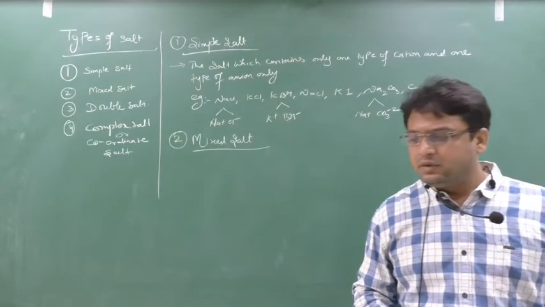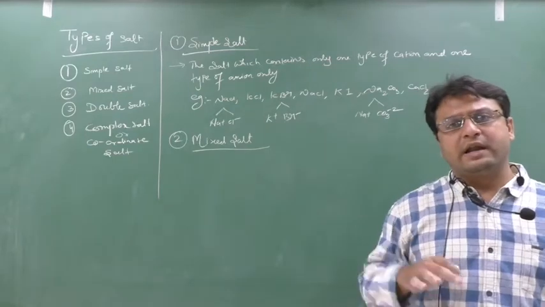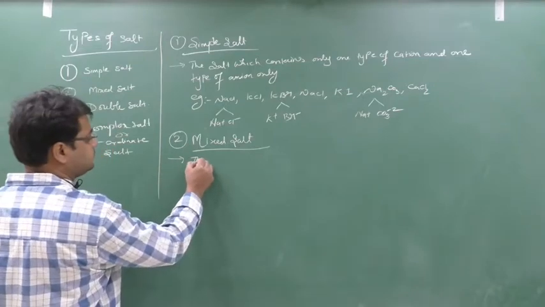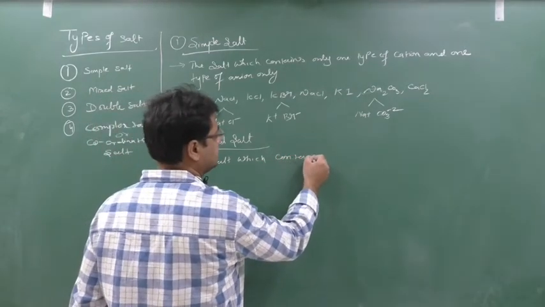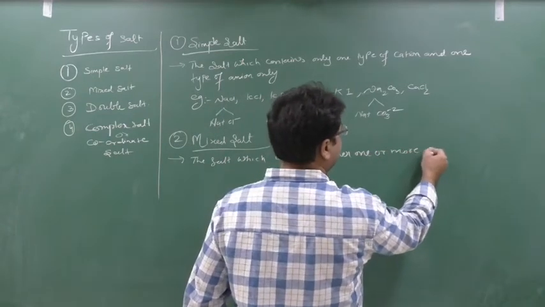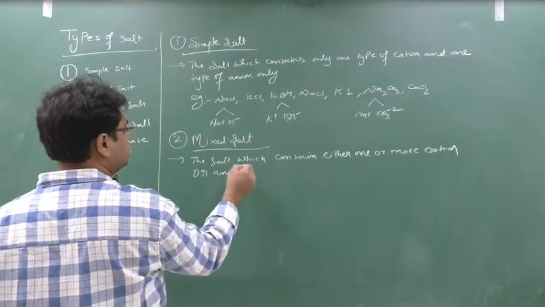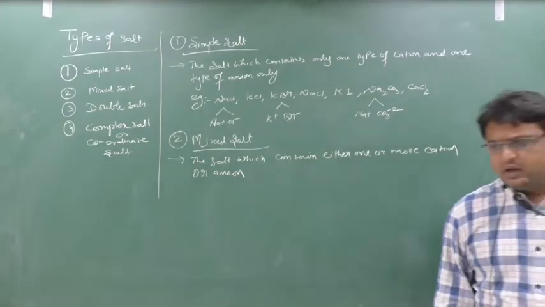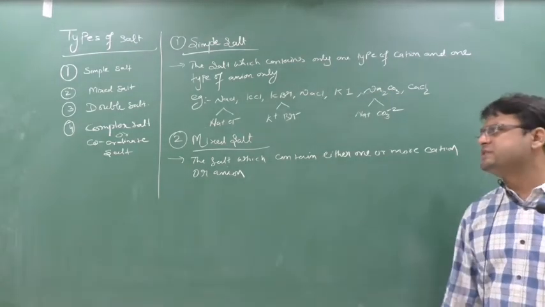If there is one cation, then there will be two or more anions. If there are two or more cations, then there will be one anion. That kind of salt we say is a mixed salt.